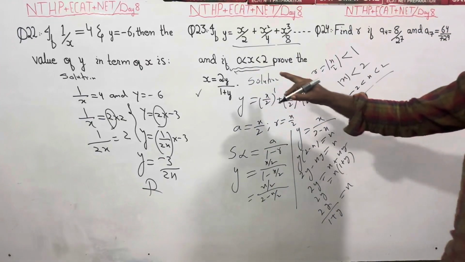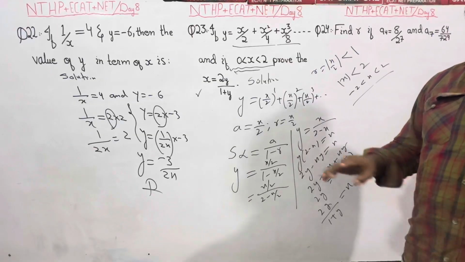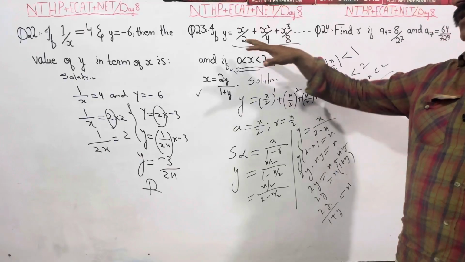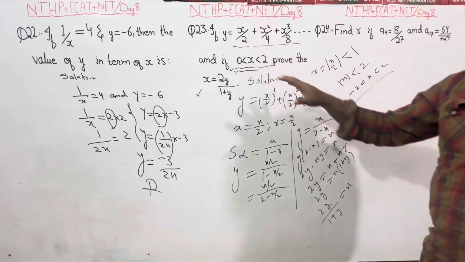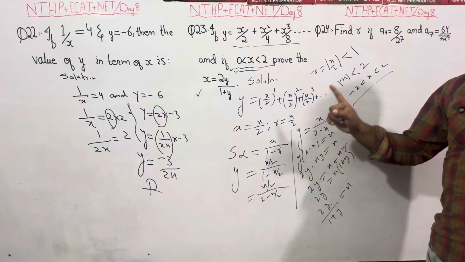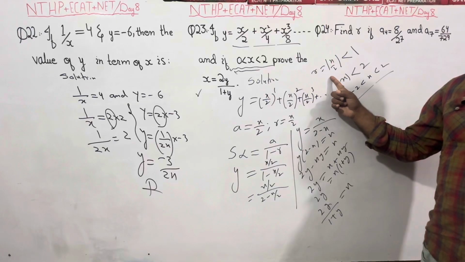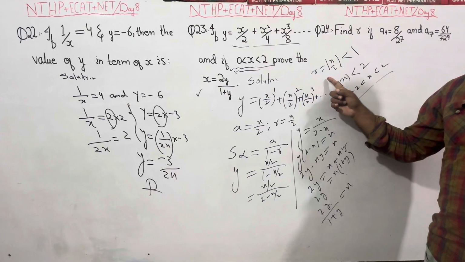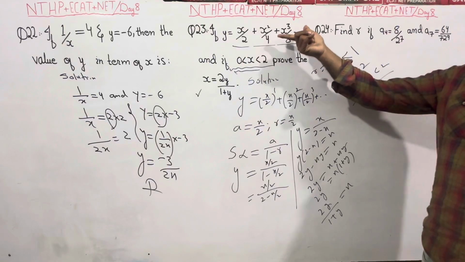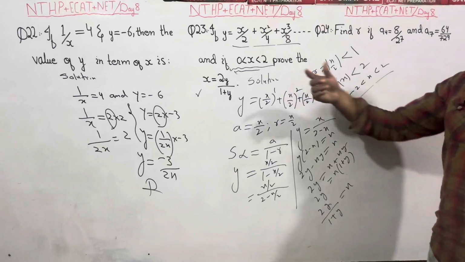Sometimes we are asked to find for what value of x it is valid or convergent. That is the concept behind this. For sum to infinity of a geometric series, the common ratio r must be less than 1.